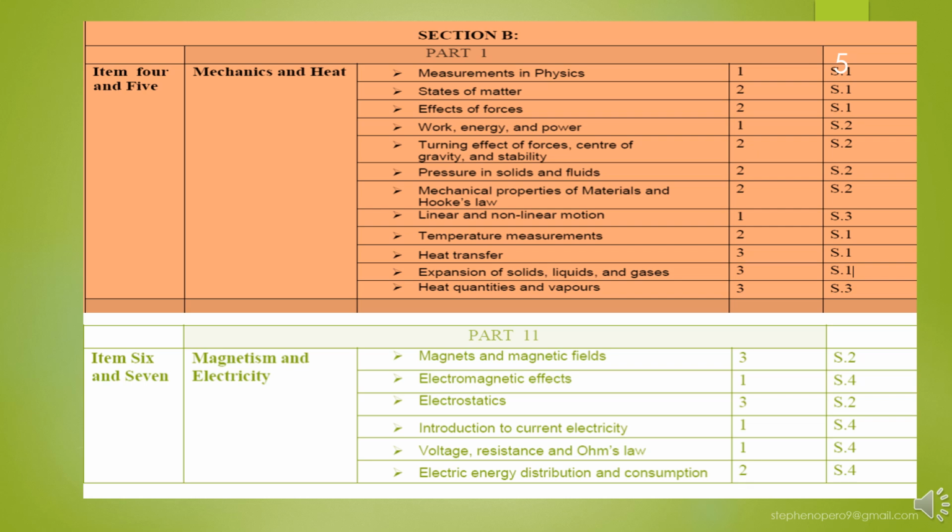The topics that are combined to form this theme are measurements in physics taught in senior 1, actually the first day in class or the first week in secondary. This is what you cover or you meet.